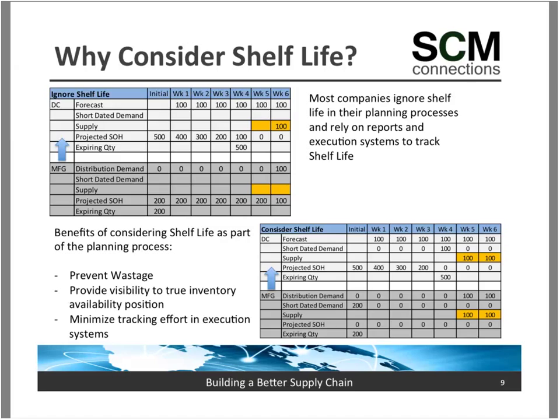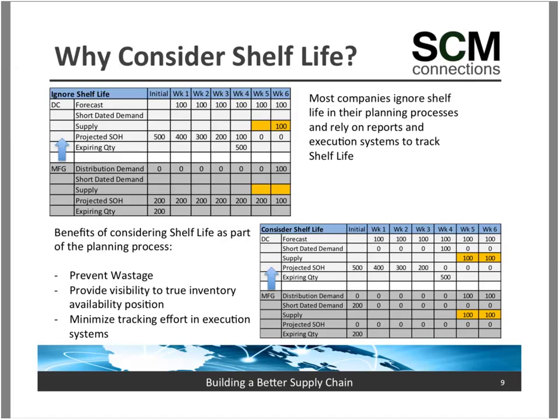So I will talk a little more through this example, in terms of the behavior when you ignore shelf life, or when you consider shelf life, and the implications from a planning standpoint. If you take this example up on top, you'll see what we can consider key figures. This is just a simple example.